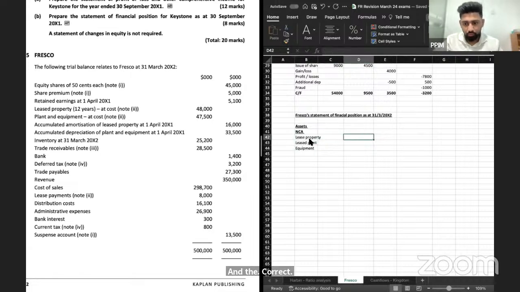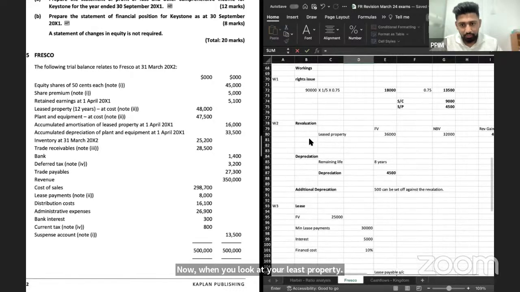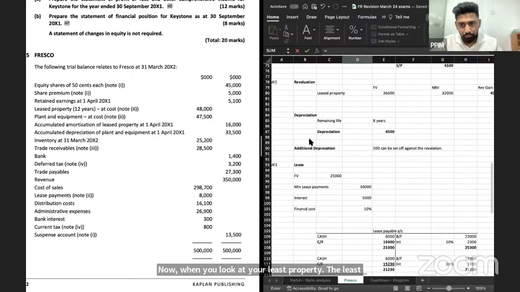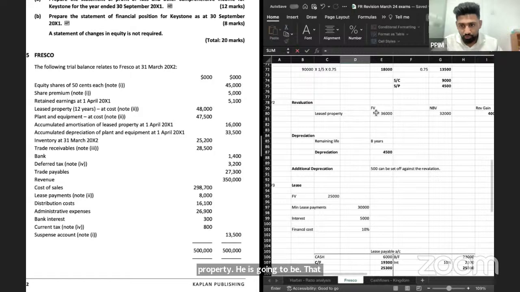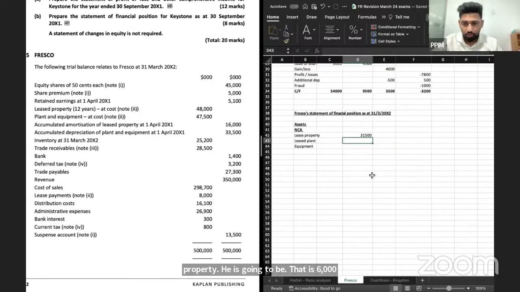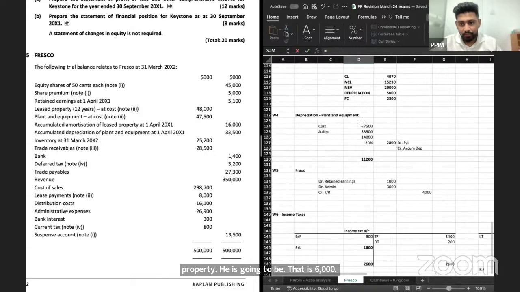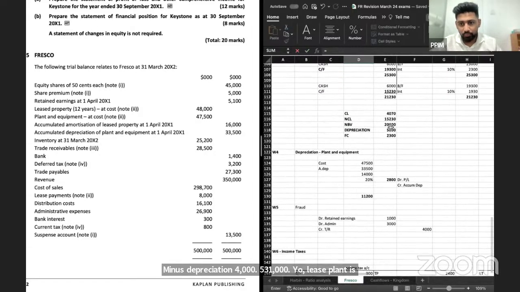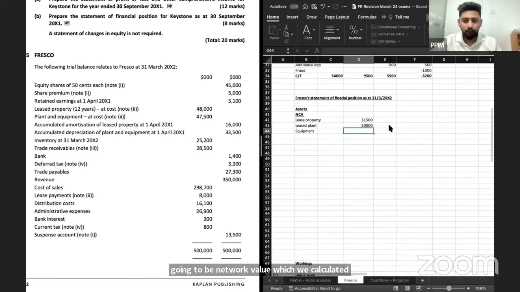Now, when you look at your leased property, it is going to be 36,000 minus depreciation 4,500, 31,500. Your lease plant is going to be net book value, which we calculated already over here, which is 20,000.